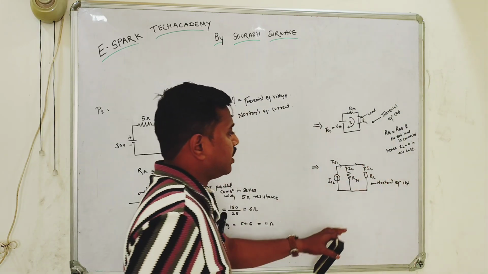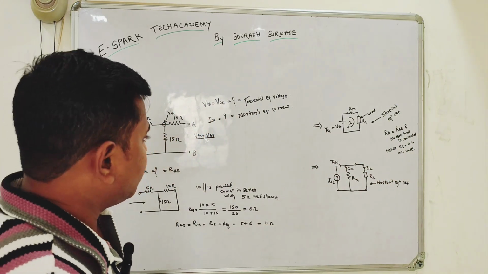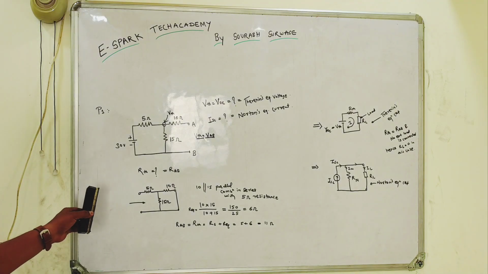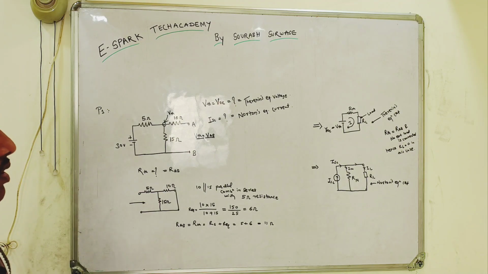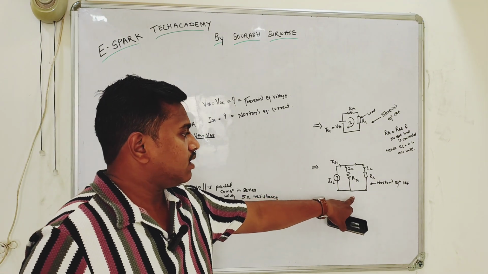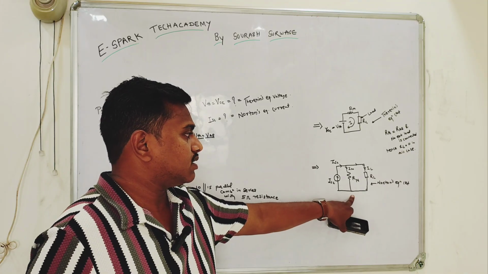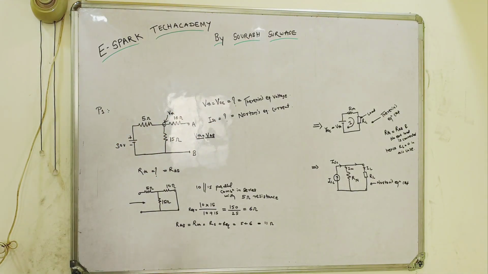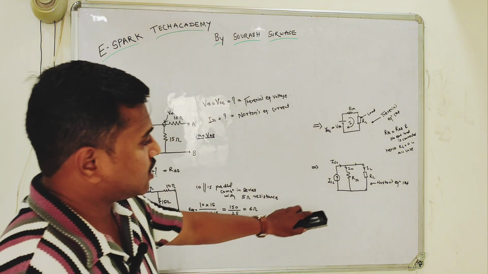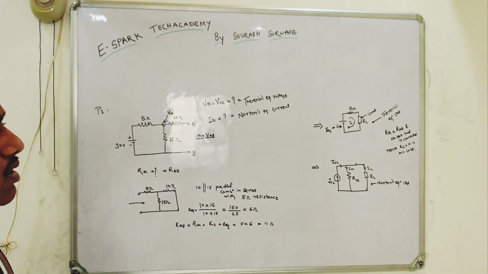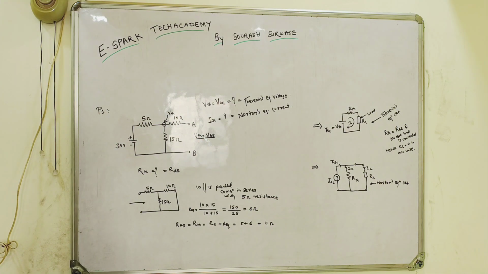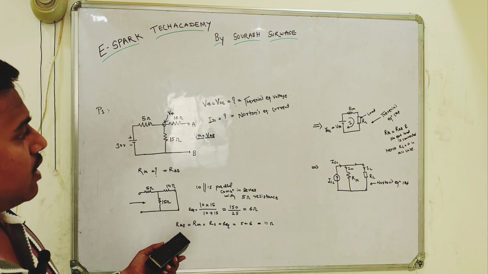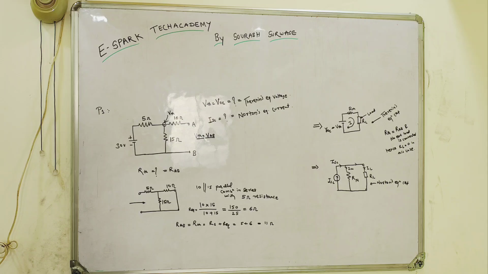The Norton's equivalent circuit is nothing but when any circuit is converted to a current source in parallel with R, the equivalent resistance, and the load. You can convert any circuit to this circuit in order to get the Norton's equivalent circuit, where they have told us to calculate the short circuit current in this case.